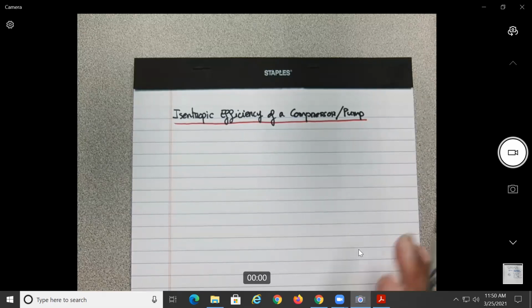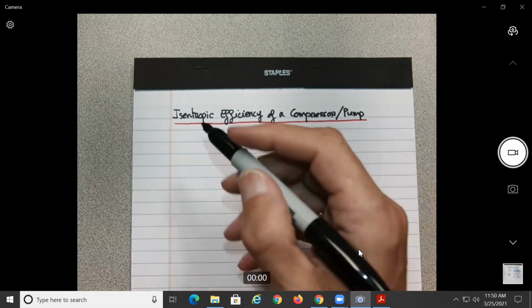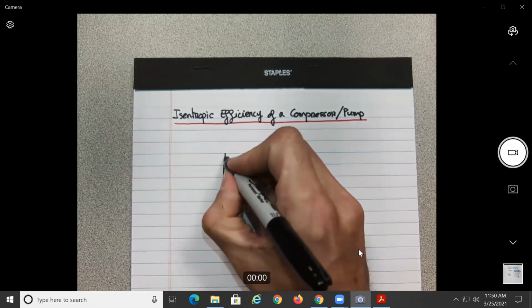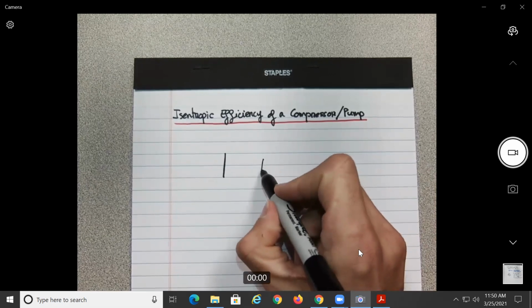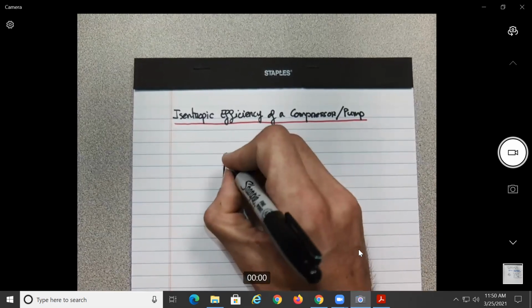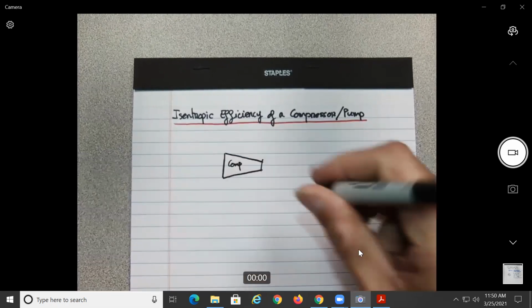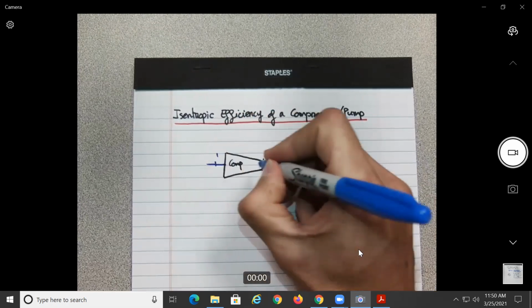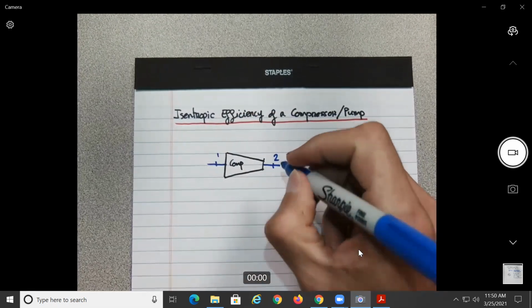So I just do that at the same time. Again, the figure for the compressor, but it doesn't matter if you don't do the correct one. Compressor, 1, 2.